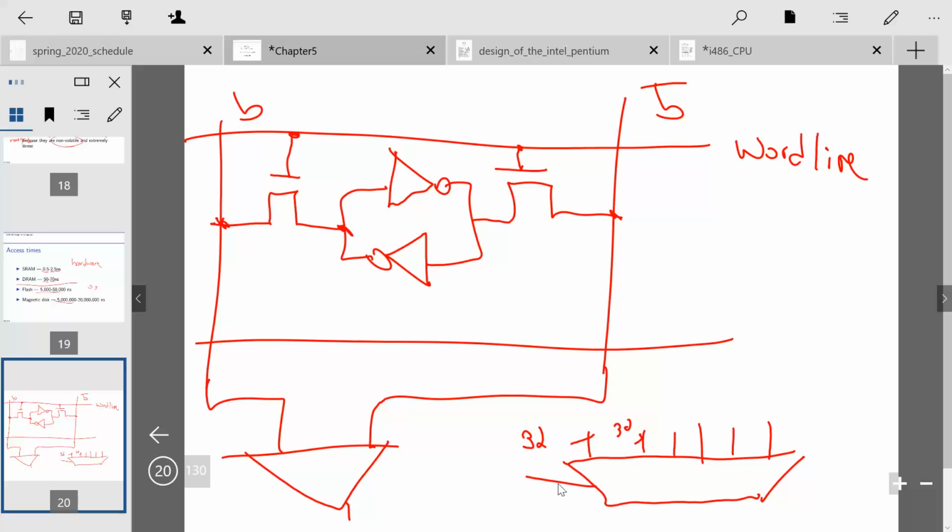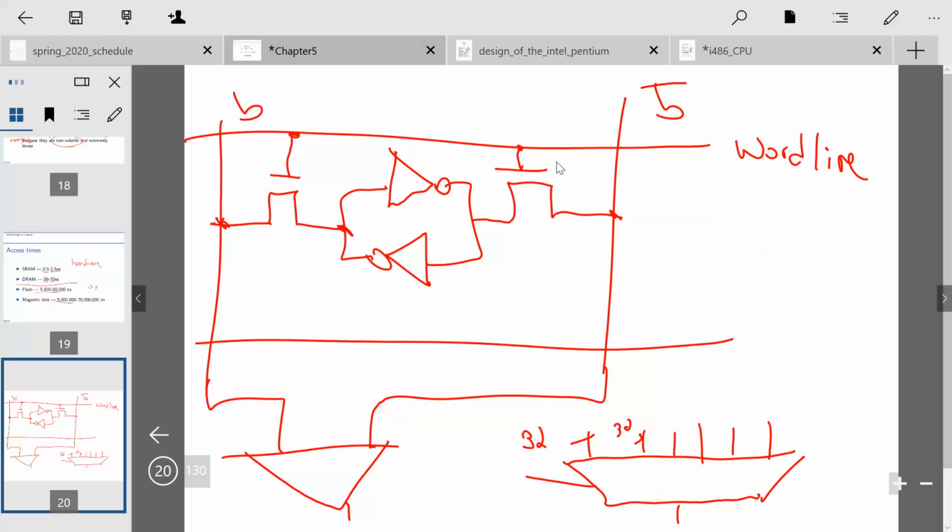So then your column address operates this mux, which selects a particular grouping of bits. That's how an SRAM cell works, or an SRAM as a whole. As you can see, when you make the SRAM larger, this bit array becomes larger, so these word lines are longer.